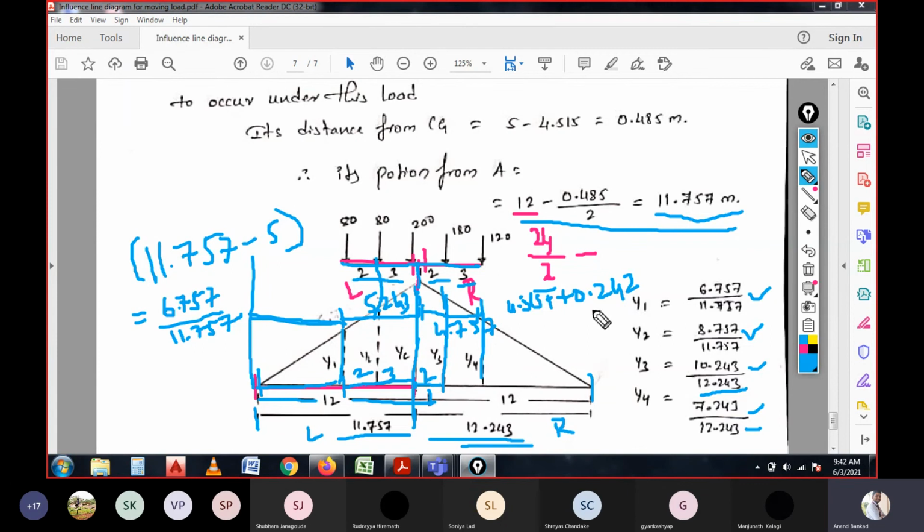Again for yc, we need to have z into L minus z divided by L, and this is the most usual formula that we have considered for calculation of yc.